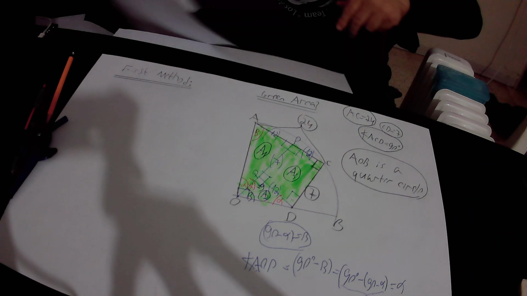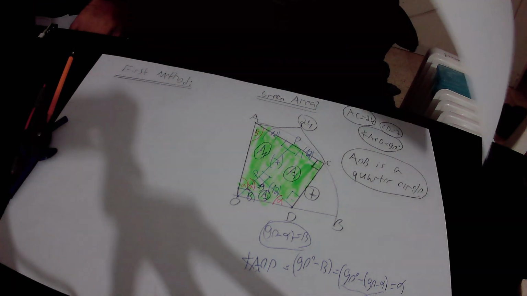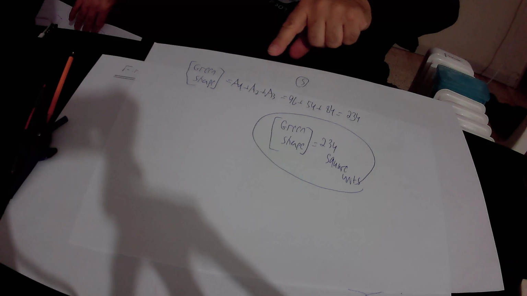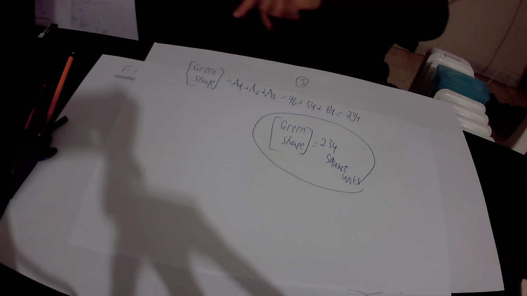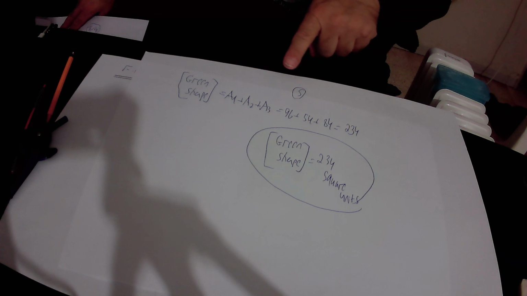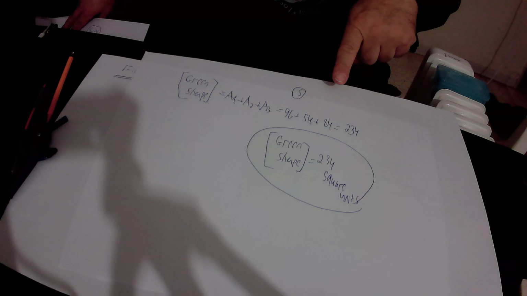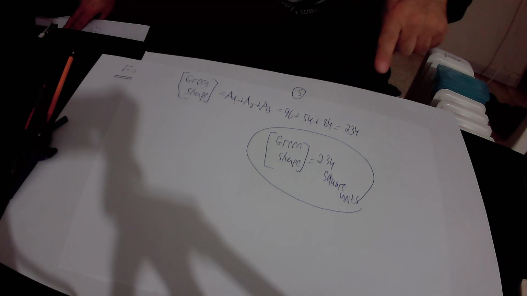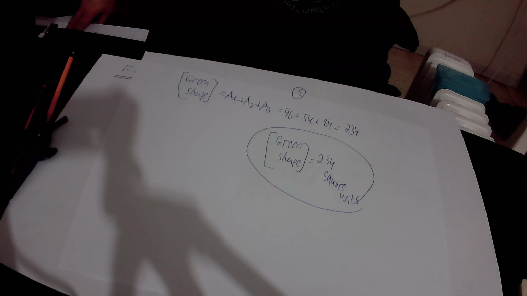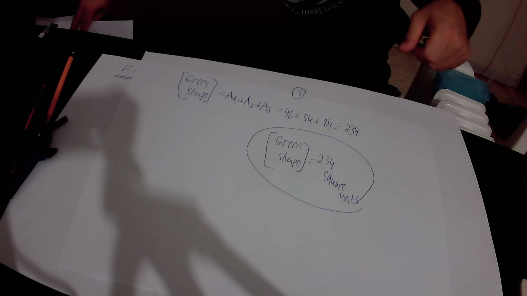The total area of the green shape, as mentioned before, is A1 plus A2 plus A3. A1 is 96, A2 is 54, and A3 is 84. 96 plus 54 is 150, and 150 plus 84 equals 234 square units. So finally we found that the area of the green shape equals 234 square units.